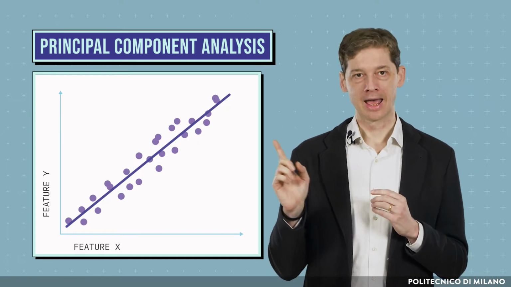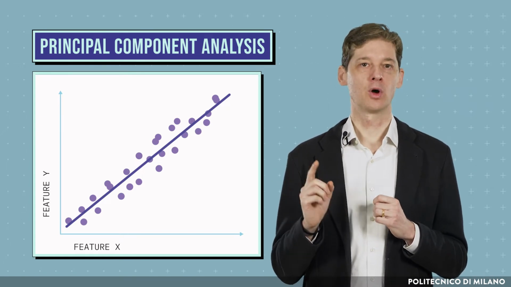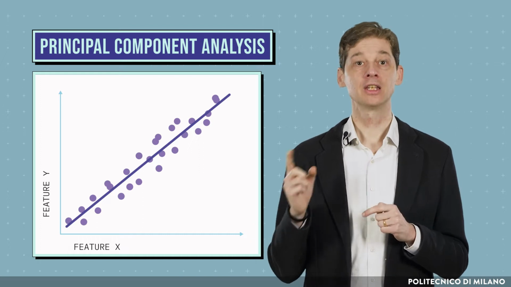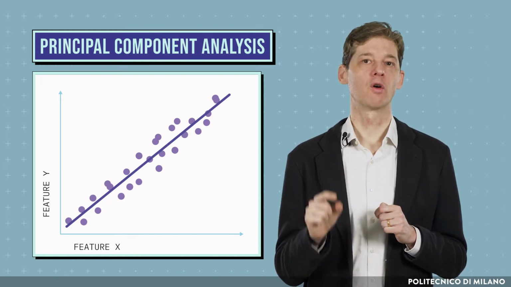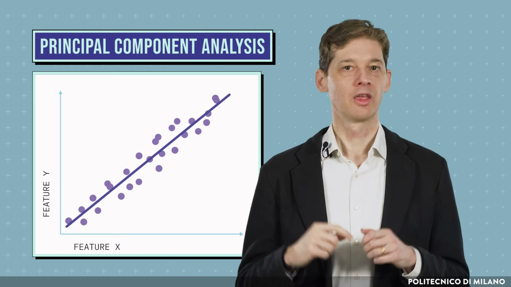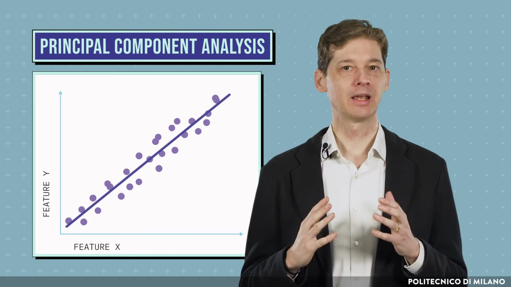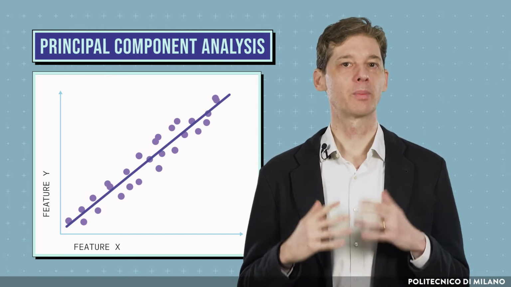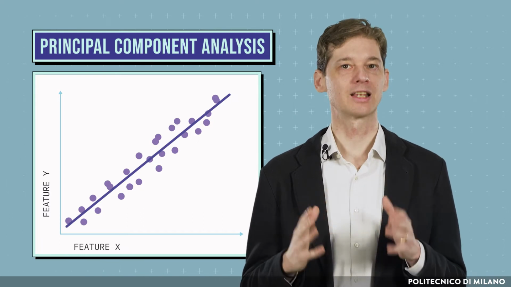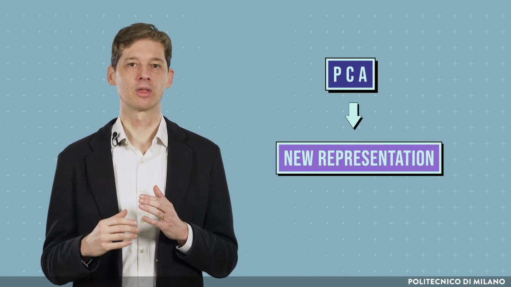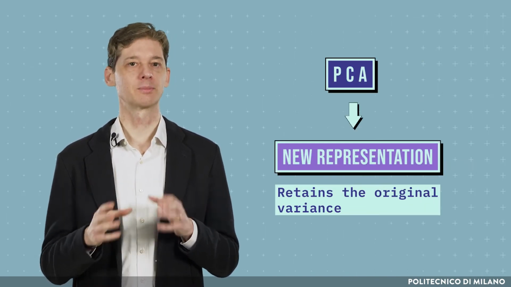If we consider that line and we project all the points onto that line, this will entail a linear transformation of our data. This new feature allows us to replace the two original features by preserving the original information as much as possible. As we will see, the goal of PCA is to produce a new representation that retains the original variance as much as possible.